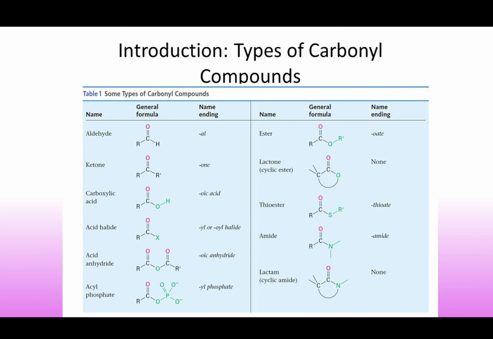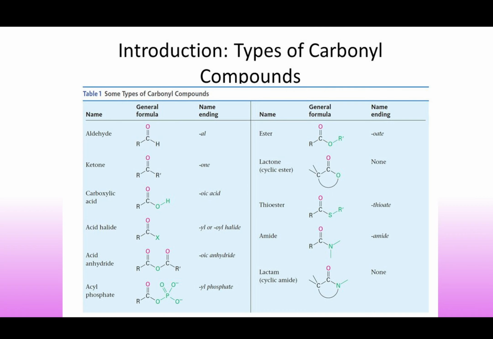And well, I don't think in CAPE we look at the reactions of acid anhydrides. I don't think so. Acyl phosphates are present as well. We also have esters. We know that, all right? Amides as well, right? We don't really look at lactams or lactones or thioesters, right? But there are examples there.